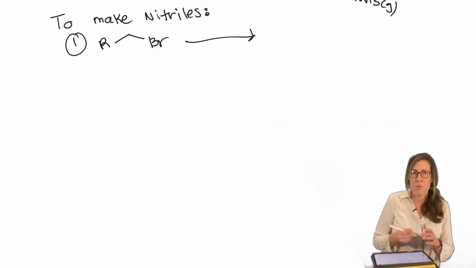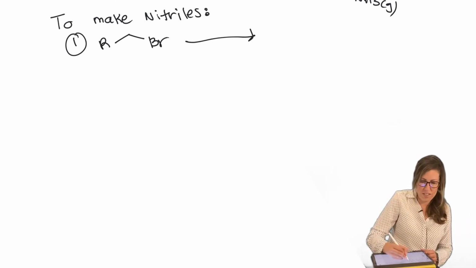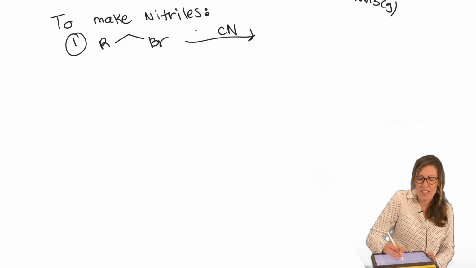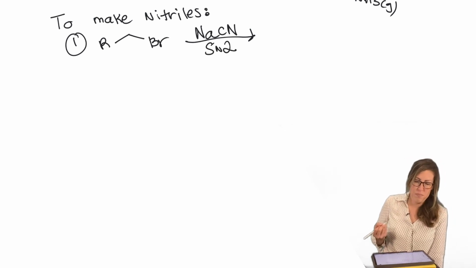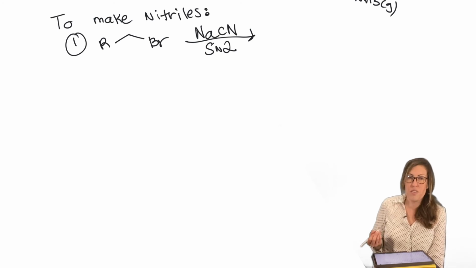You can take a simple alkyl halide and add a nitrile. Ionic bond, right? So not MeCN, but something like NaCN or KCN, it's SN2, good old SN2. So we haven't really thought about that in a while, but that is your first carbon-carbon bond forming reaction.